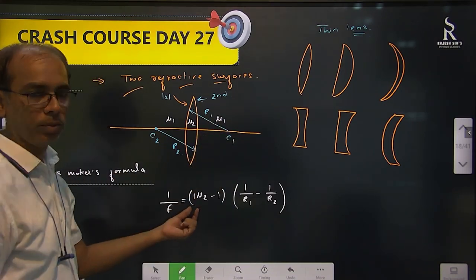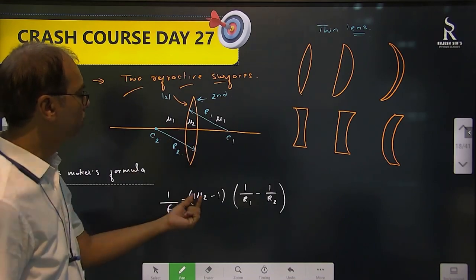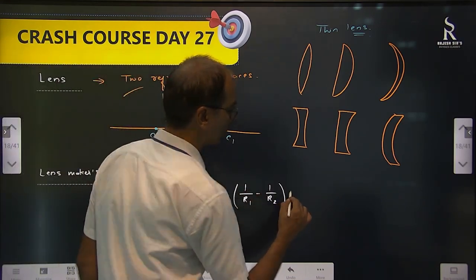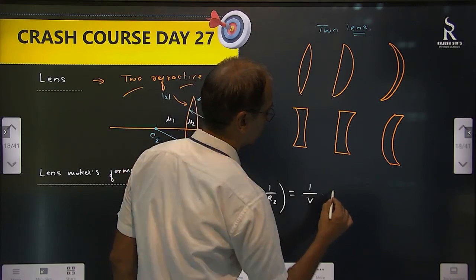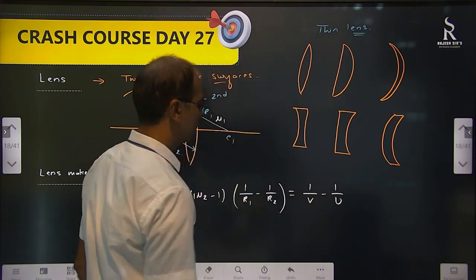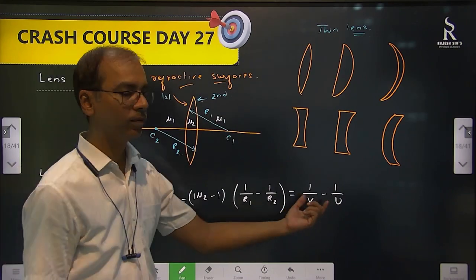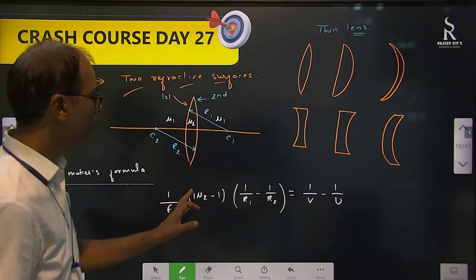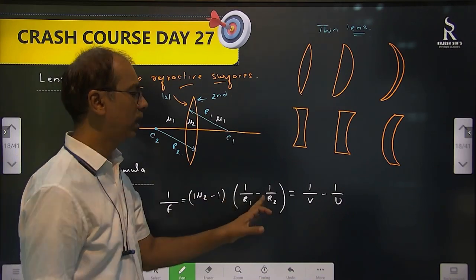So 1 by f equals (mu 2 by mu 1 minus 1) into (1 by r1 minus 1 by r2), and that is also equal to 1 by v minus 1 by u, the lens formula. This is lens maker's formula, this is lens formula.